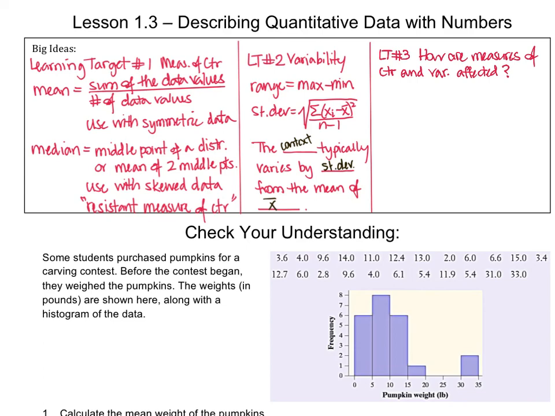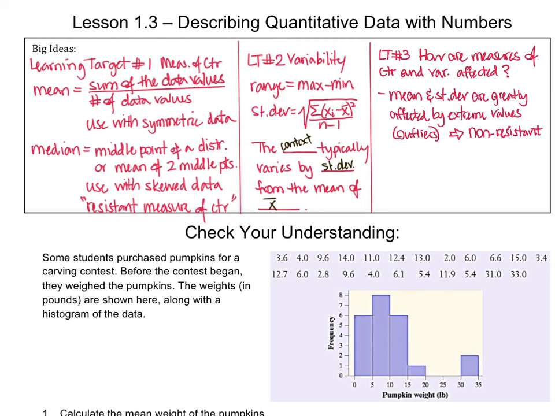And the term that we use for mean and standard deviation is non-resistant measures. And that different measures are appropriate for different types of distribution. So when we have skewed data or we have outliers, extreme values, then we should use the median as the measure of center. When we have symmetric data, we can use the mean.